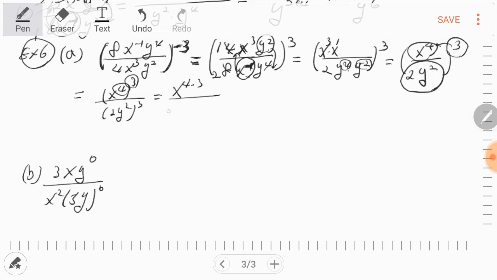The bottom is assign the power to each factor. So 2 cubed times y squared cubed. Then the numerator is x to the 3 times 4, 12. The bottom is 2 cubed is 8. And then y to the what? 3 times 2, power of power, so multiply the powers. 3 times 2 is 6.